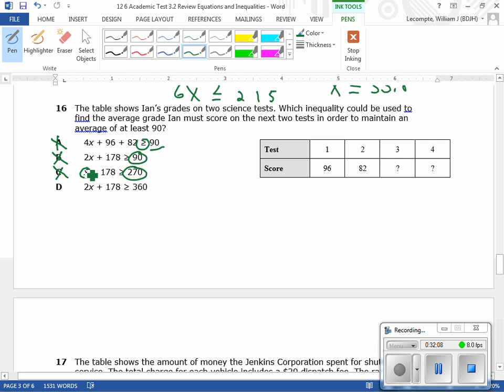And if I take 178 away from 360, that leaves 182. And then I divide both sides by 2, and x is greater than or equal to 91.